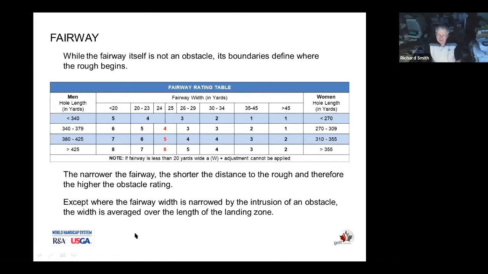Now, usually, if the sides of the landing zone weren't already parallel, if the fairway width changes within the length of that landing zone, we would take an average normally.